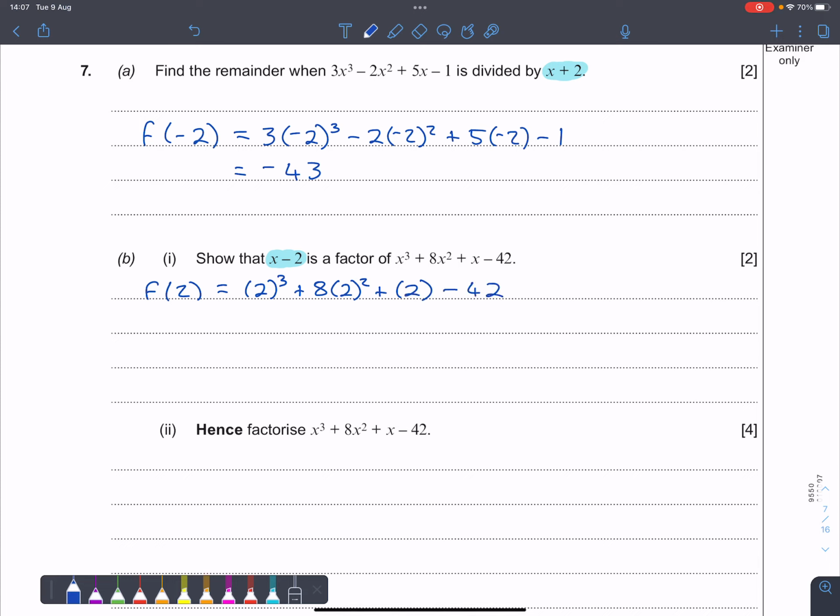Now, if this is a factor, I'm going to get 0 coming out. Because I need to show this, I'm going to use a bit more detail than I normally would. So that's 8 plus 8 times 4, so that's 32, plus 2, so that's 42, minus 42 is 0. So I can say f of 2 is 0, therefore x minus 2 is a factor.